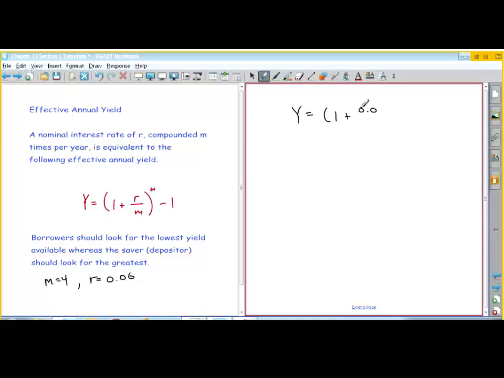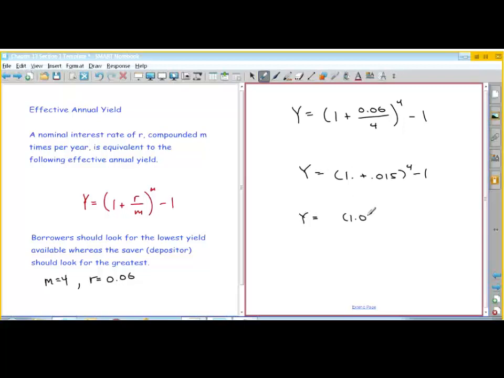So it's 1 plus the yearly interest rate in decimal form divided by the number of periods, it's quarterly, raised to the 4th power minus 1. So we get 0.06 divided by 4, which is 0.015. So that's this divided out. Again, you can do it all at one time in your calculator, but I'm just going through this.